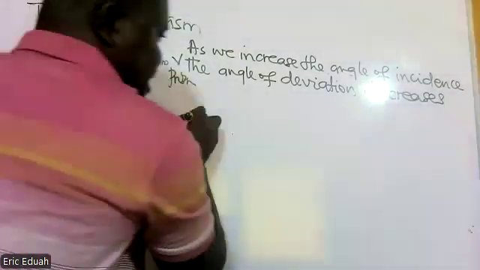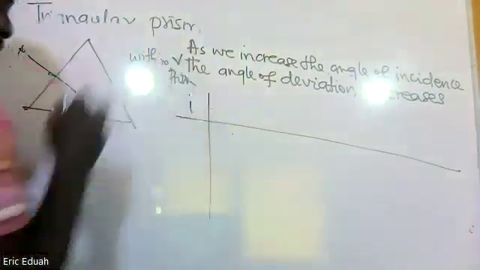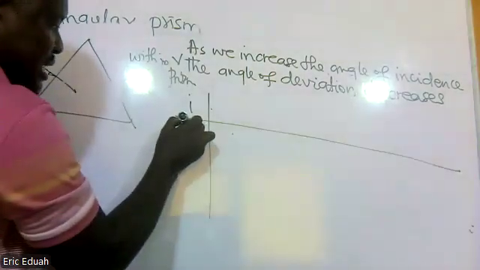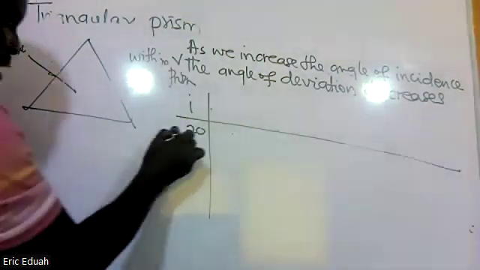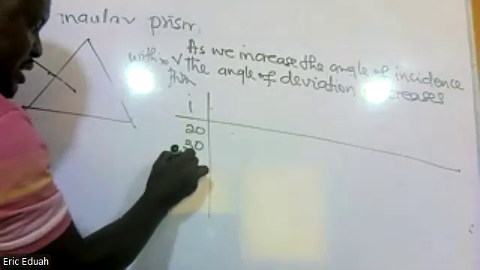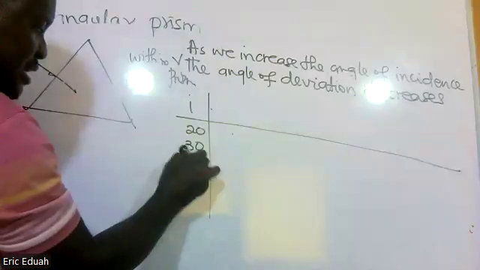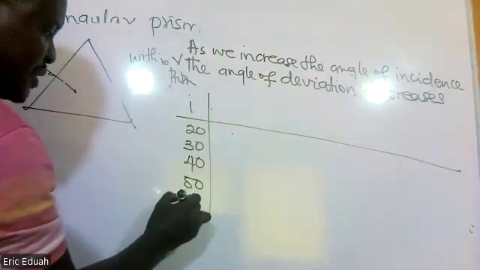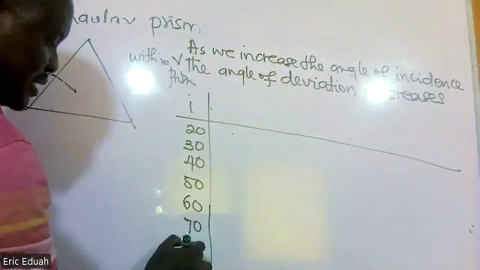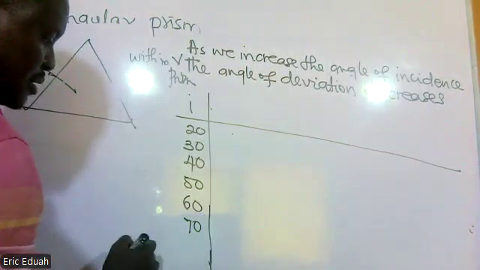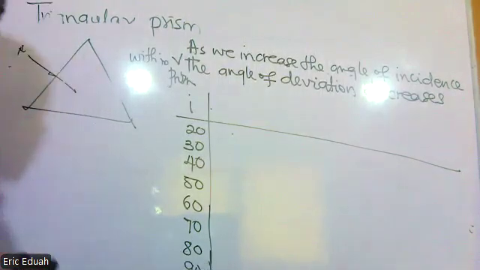So I'm going to create a table for you. You'll fill this and see it for yourself. So let's start with the angle of incidence I: 20, 30, 40, 50, 60, 70, 80, 90.